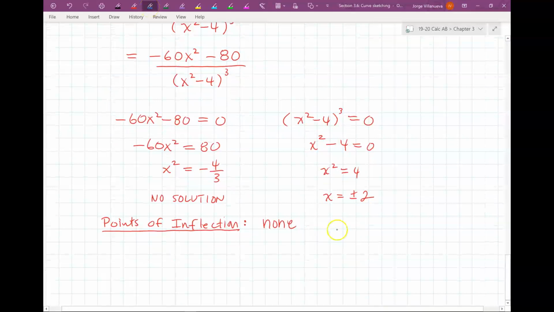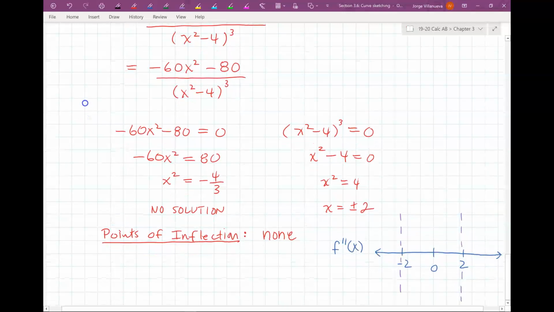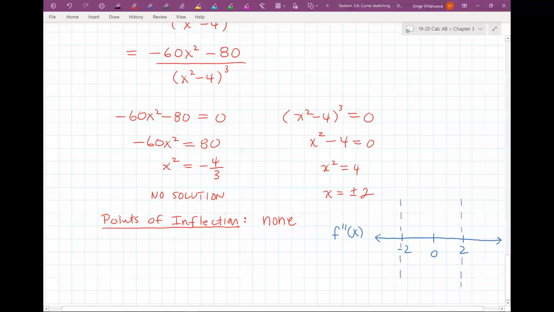All right, so here we go. F double prime of x. There's a 0 here, a 2 there, a negative 2 there. I'm going to draw my asymptotes here. Okay, so we're looking at this section over here when we're plugging stuff in.